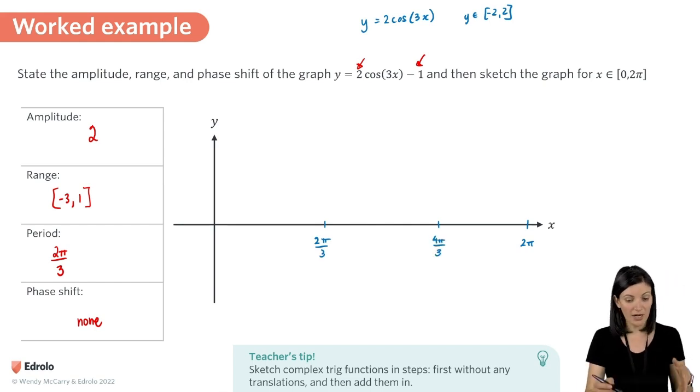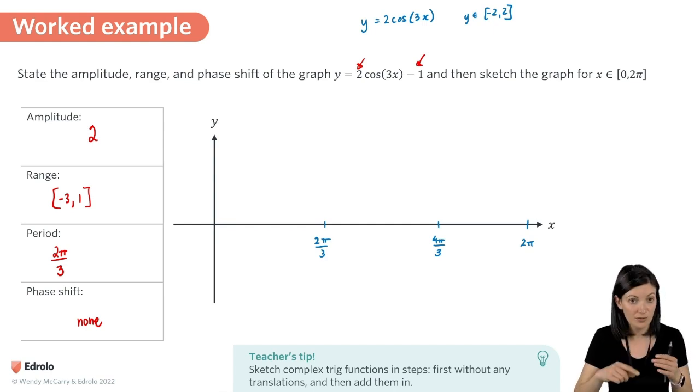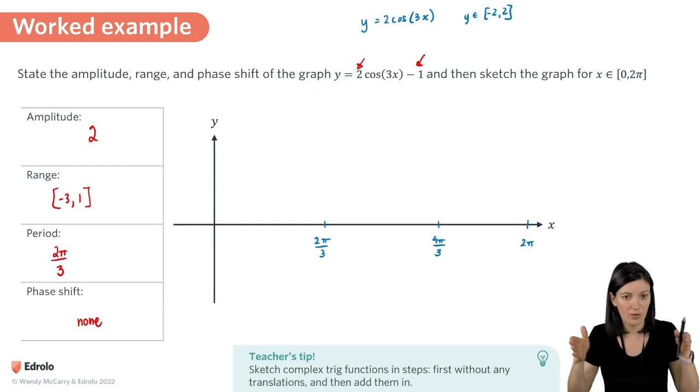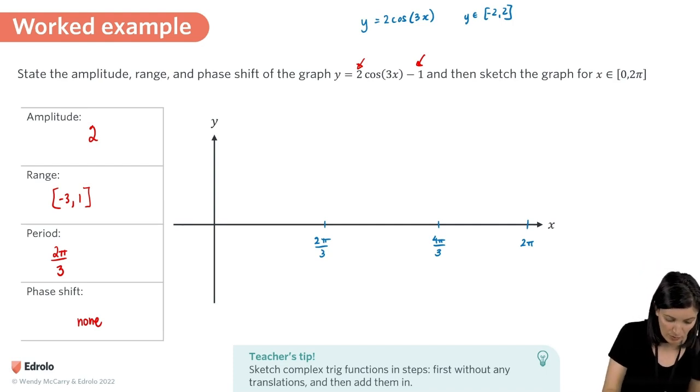Because if I have a period of 2 pi on 3, what that means is I'm going to have 3 cycles of that cos graph within 2 pi. Normally I just have 1 cycle, but that 3 is telling me I've got 3 cycles. Remember, in order to draw it neatly, we want to divide each cycle into 4.